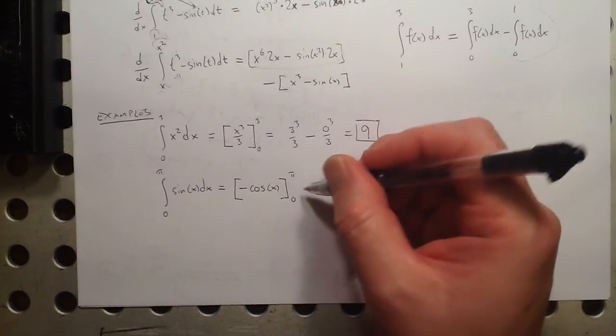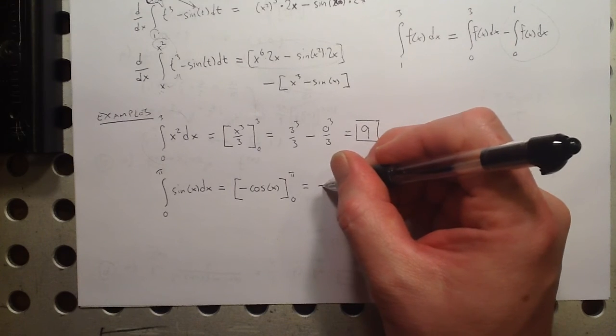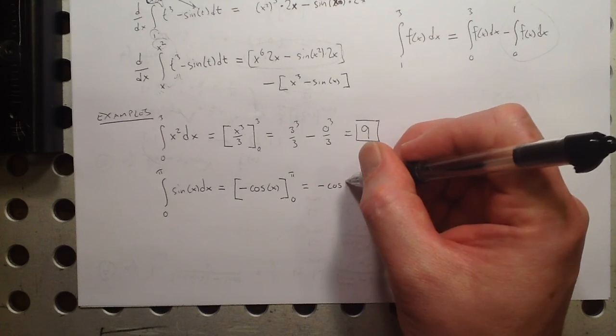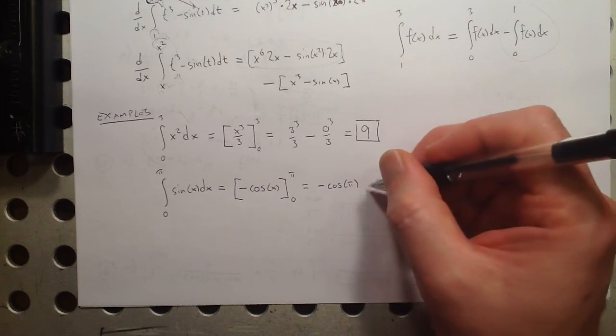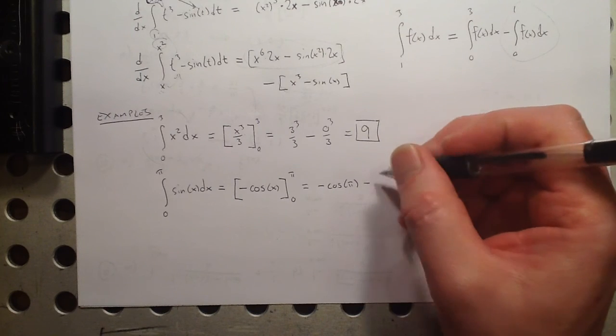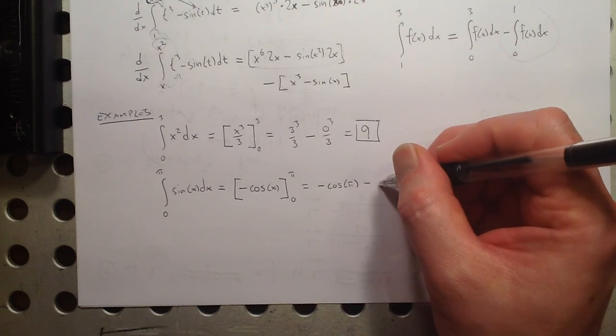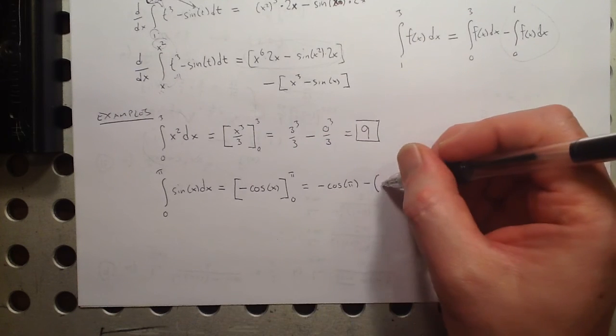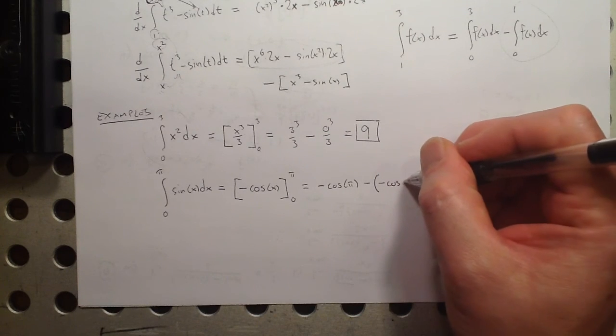And then I'm going to do that, and I need to plug in pi. So negative cosine of pi minus, careful again with signs here, minus negative cosine of 0.